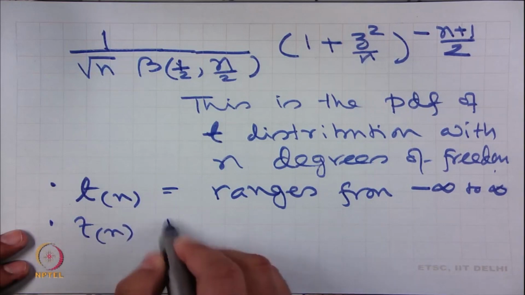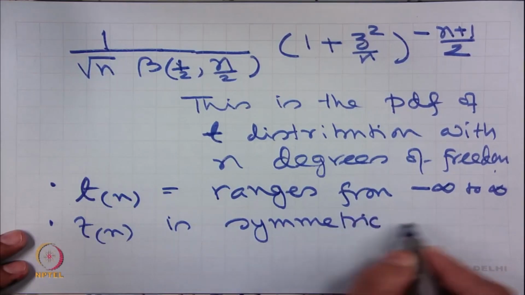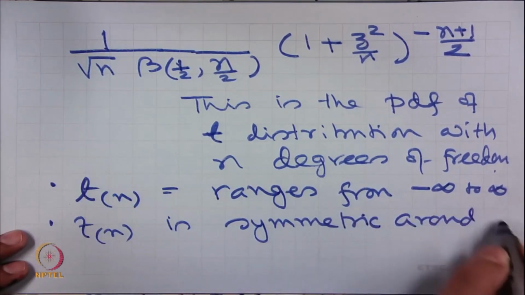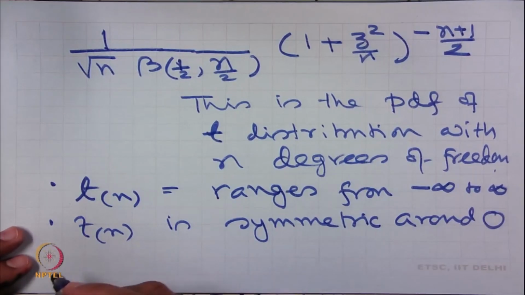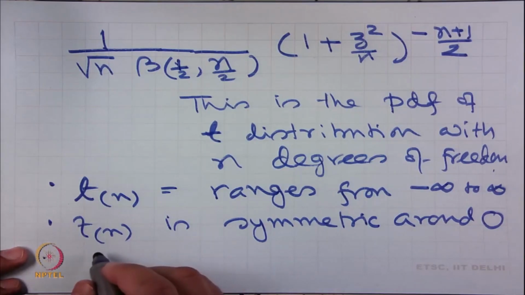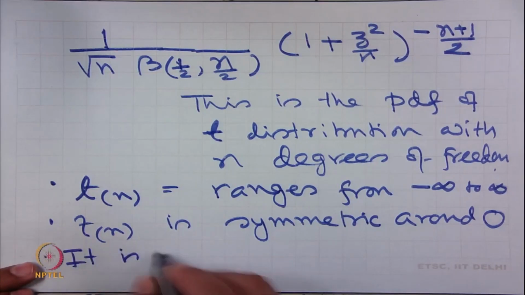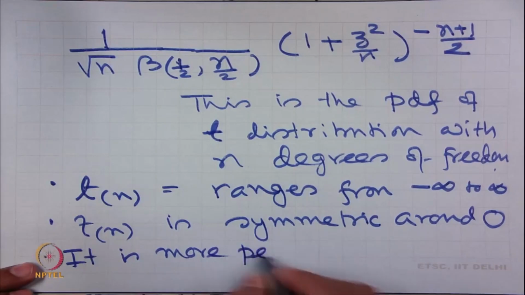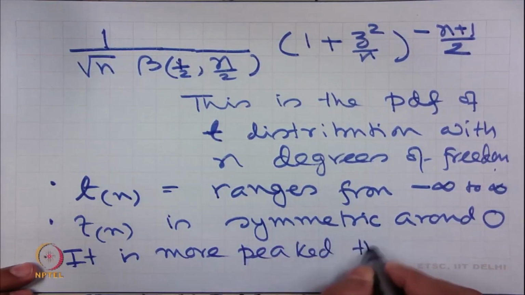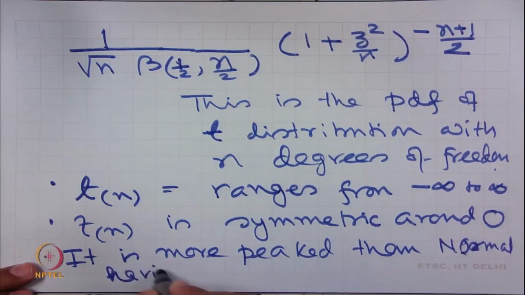T n is symmetric around 0, which is also true for the normal, but basically T is more peaked than the normal having the same variance.